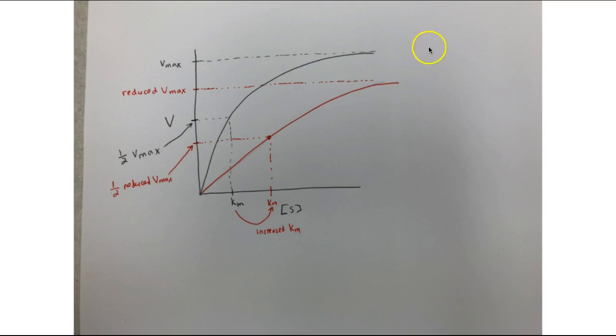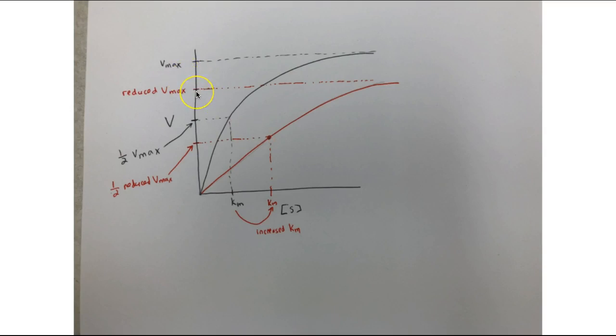Again, we look at this curve, we see that our Vmax is reduced. So even when the enzyme is saturated, we are going to have a smaller maximal initial reaction rate. And our Km is increased, which means it's going to take us more substrate to reach 1/2 of the new reduced Vmax.